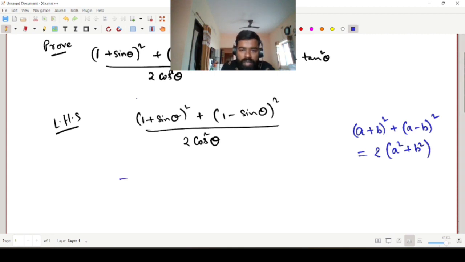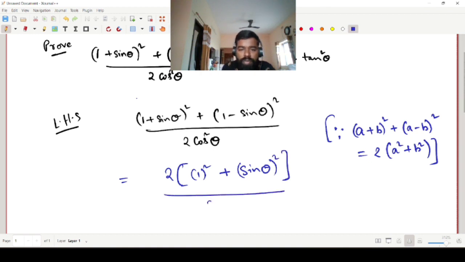You see, this is a plus b and this is a minus b whole square, and in between there is plus. So I can write 2 times (1 square plus sine square), and downside we have 2 cos square theta.